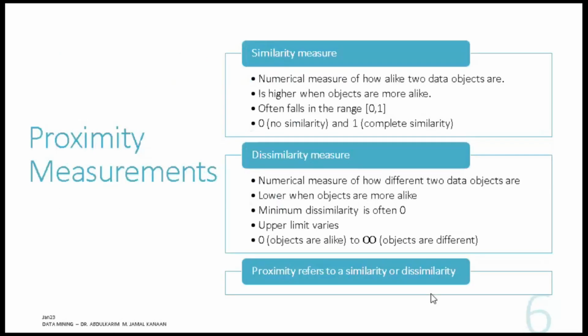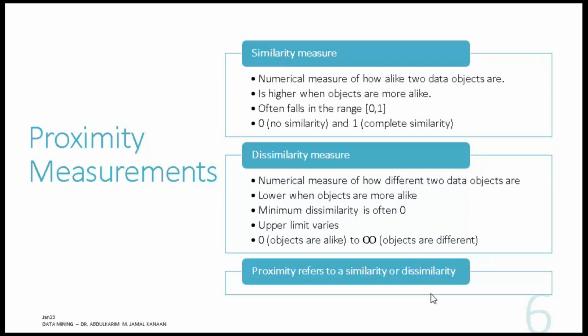Okay, so again, proximity measures: we have two categories, similarity measures and dissimilarity. For similarity measures, they are numerical measures of how alike. So here we are looking at how similar two objects are, while here we are looking at how different, how dislike, two objects are.